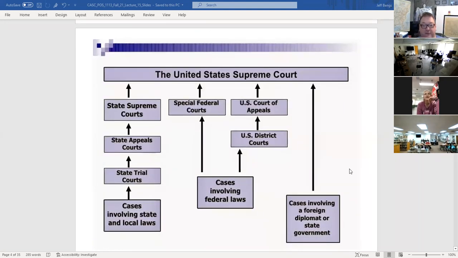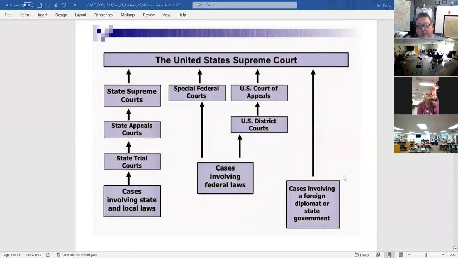Included in this slide presentation are some more detailed graphs of how all of these other courts fall underneath the Supreme Court. And you can see how different level of cases, where they start and how they work their way up.